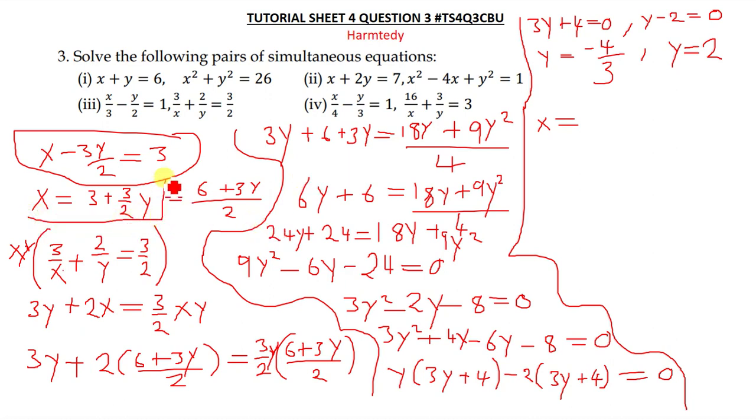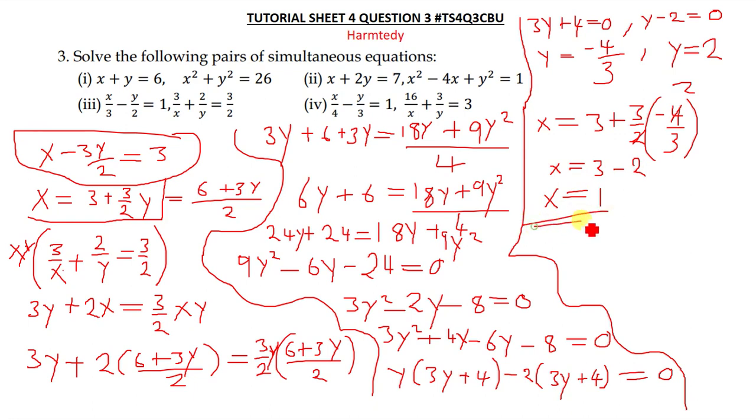Yeah. So x is just equal to 3 plus 3 over 2, and then where there is y, we put -4 over 3. So our value of x will just be equal to 3. Then this is 1, there we have 2, so I have 3 -2, and then our value of x is just going to be 1.